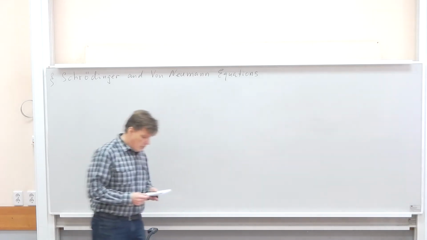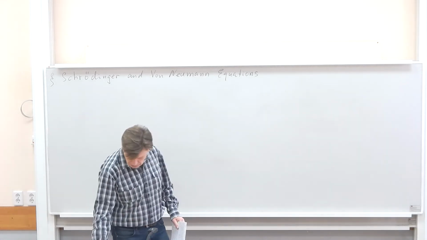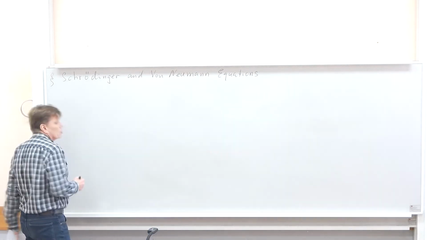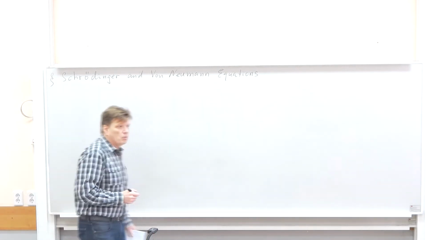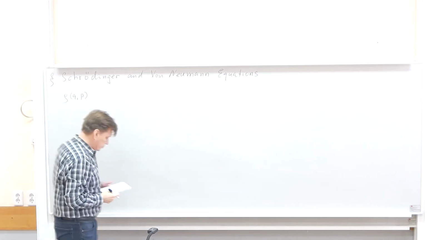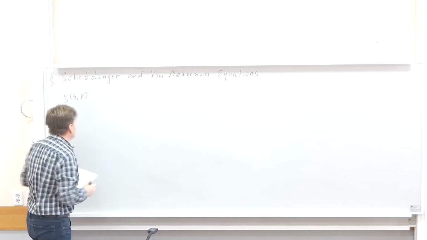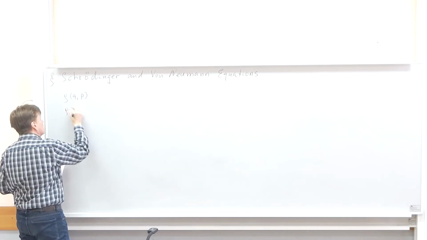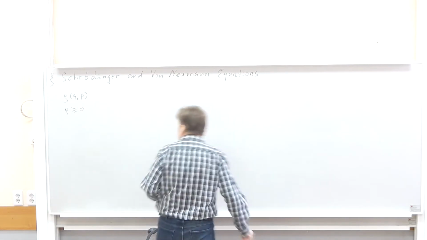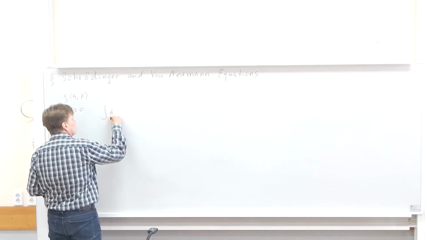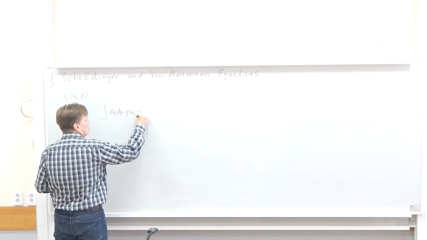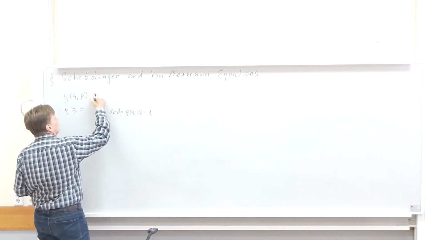Let me remind you that in classical mechanics, a mixed state is usually defined by the so-called probability distribution rho, which is supposed to be a positive semi-definite function on the phase space of Q's and P's, subject to the normalization condition. The integral over the phase space of rho is equal to 1.